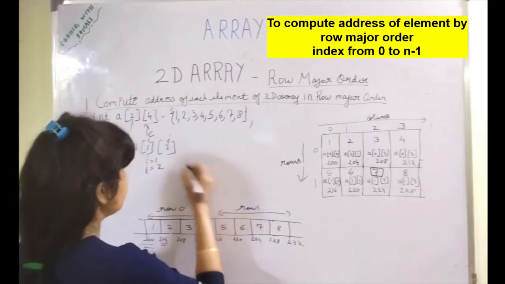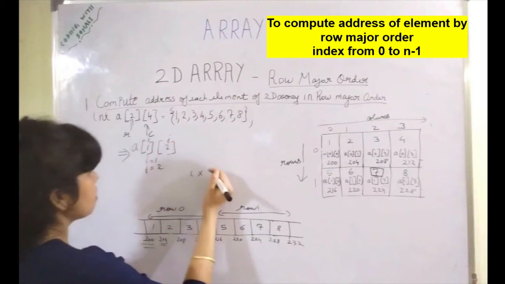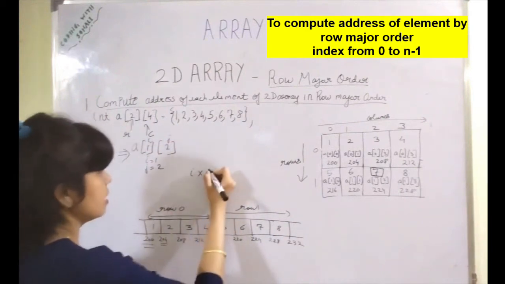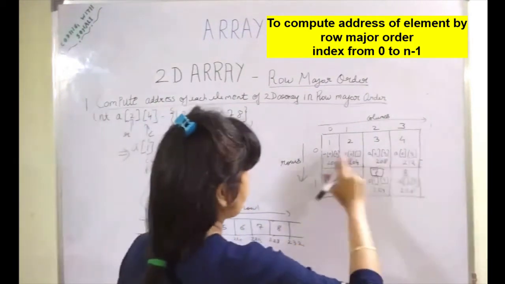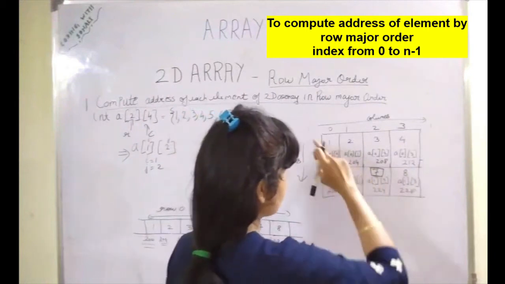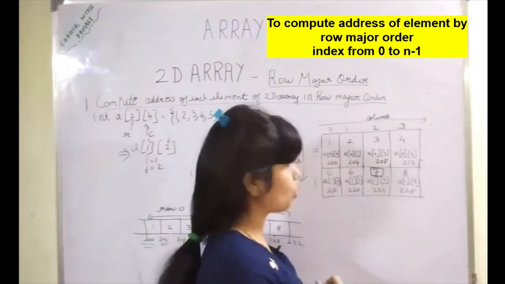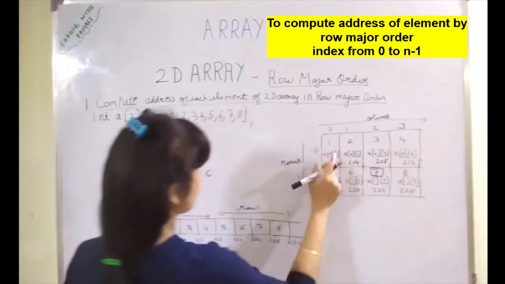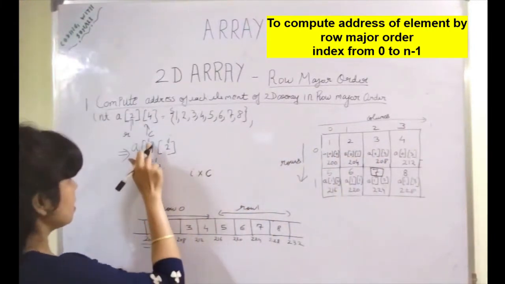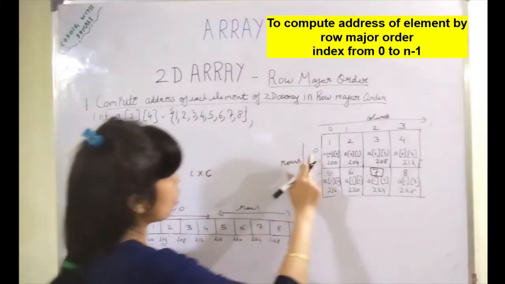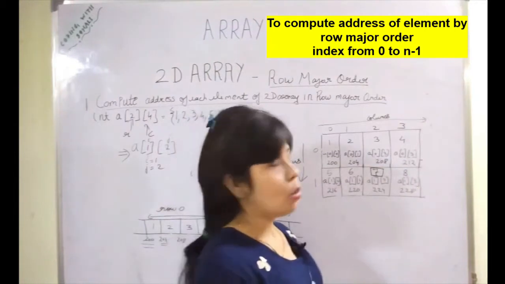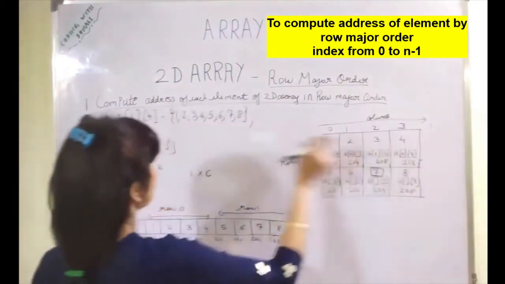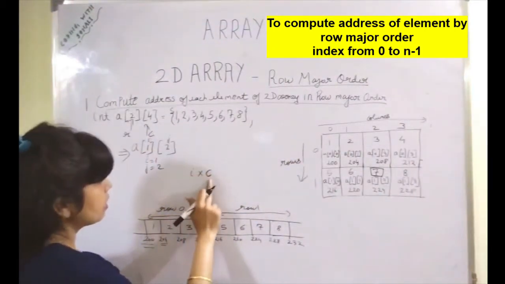So I multiply by C, which I represent by the variable C. You can see here how I calculated. First of all, to reach the 7, I have to cross this whole row, only one row. So that 1 is given by this value I, multiplied by how many elements are present in this one row. 4 elements are present, that is 4 columns. Therefore I am multiplying this.